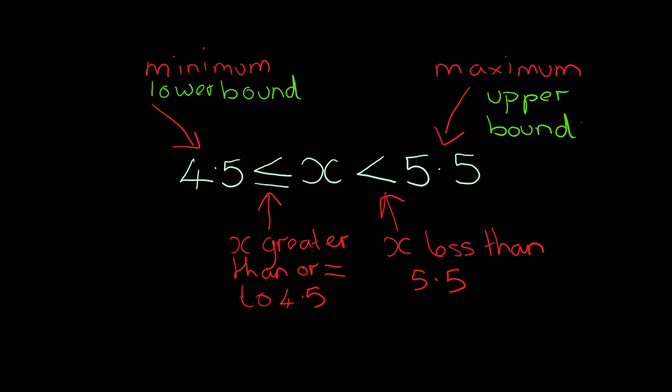The smallest it could have been would have been 4.5, and it could actually have been 4.5. It couldn't have been 5.5 because then we would have rounded it up, but it could have been 5.49 recurring forever. And that's how we use these lovely signs here to help us distinguish between those two aspects.